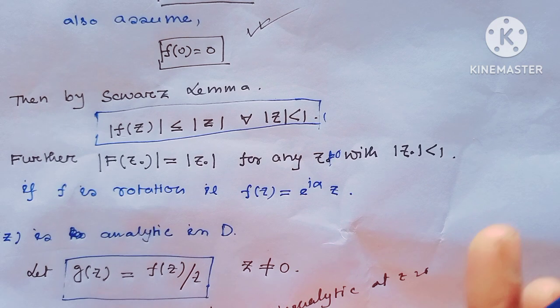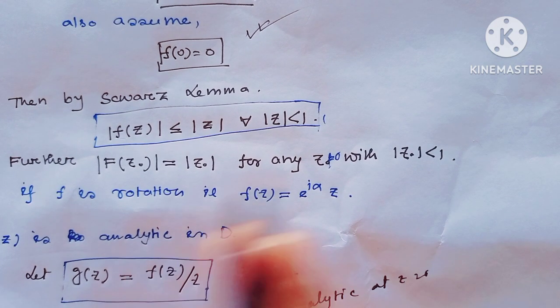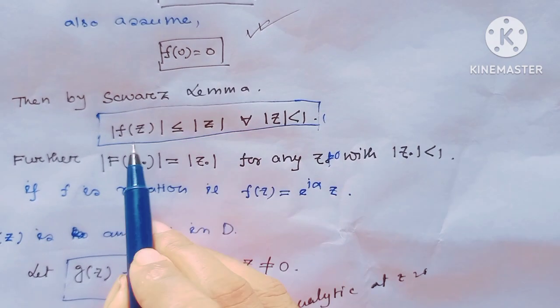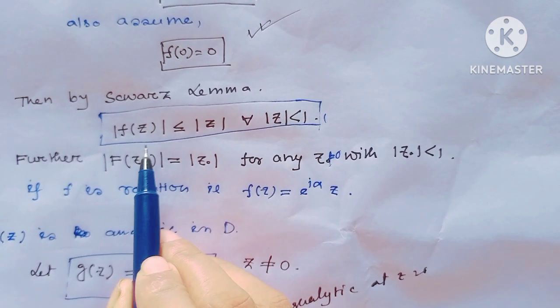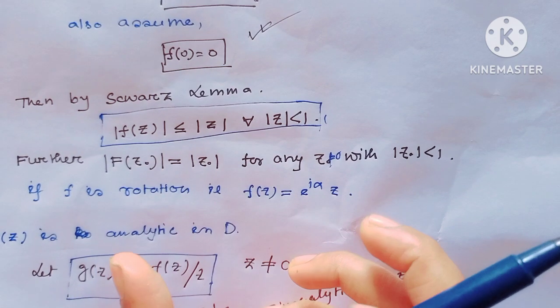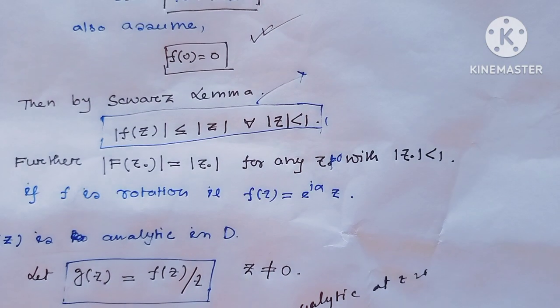When modulus of f(z) equals modulus of z, that means this is not contractive. Otherwise modulus of f(z) would be less than modulus of z, that means this is actually strictly contractive.